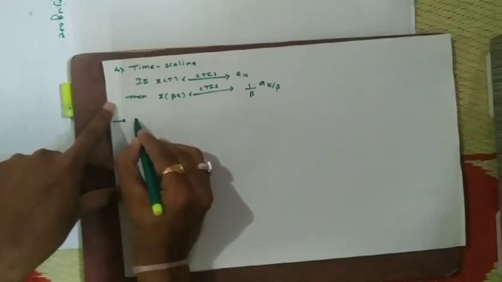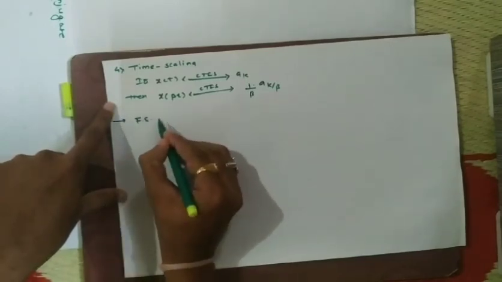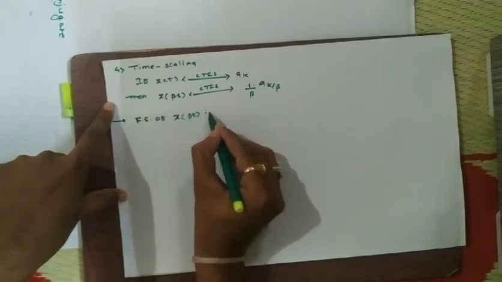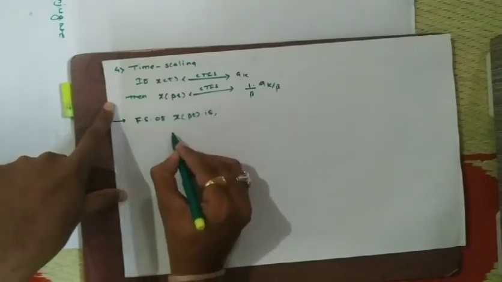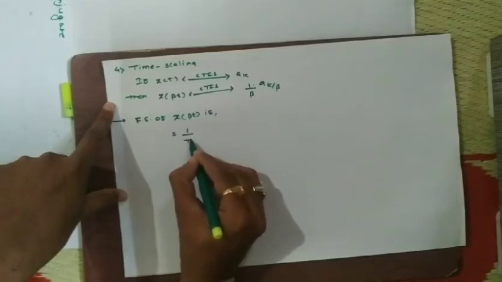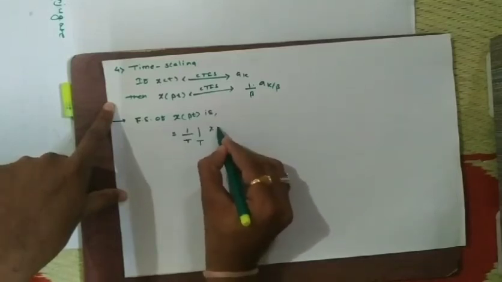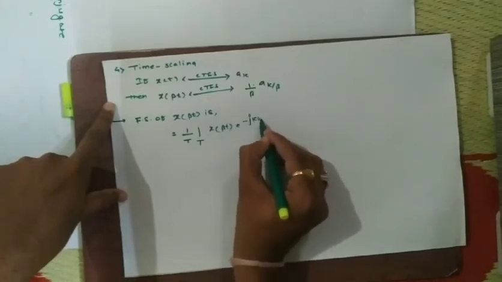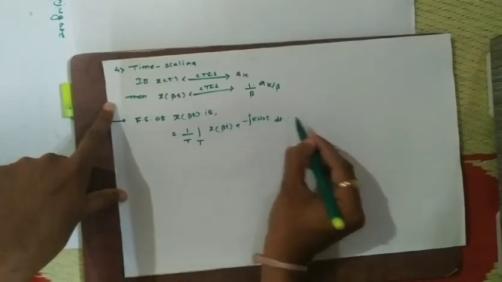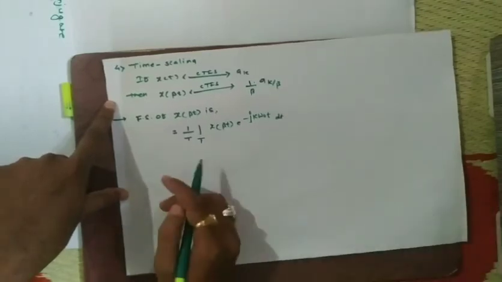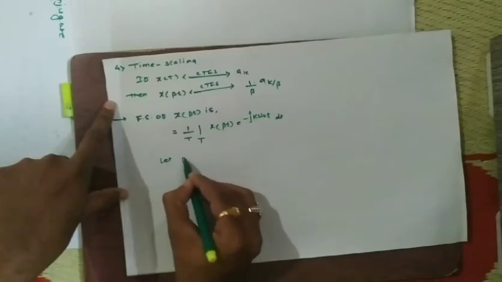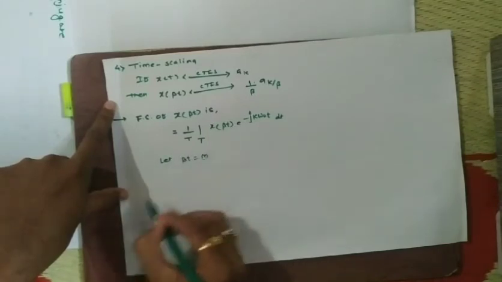Again we'll use the Fourier series coefficient formula for the input signal x(beta t). This is 1 by T integration, input signal is x(beta t) multiplied with the exponential term into dt. Now again second step, just substitute this. So we'll write let beta t equal m.